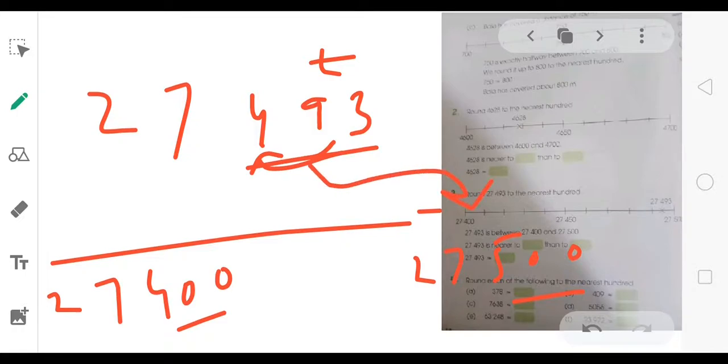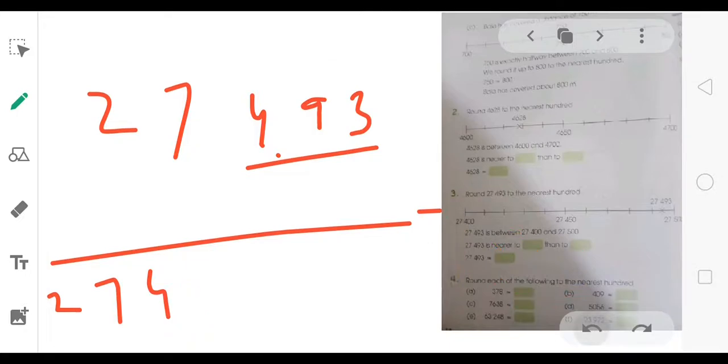So in the first blank over here, 27,493 is between 27,400 and 27,500. 27,493 is nearer to 27,500 than to 27,400.